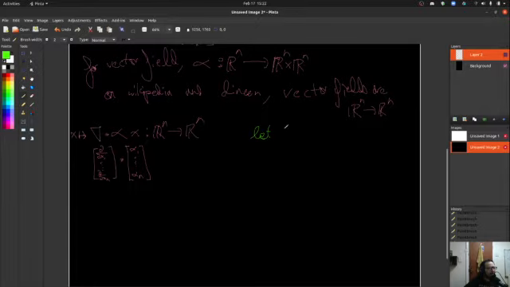Let alpha take x, y into xy, x plus y. This is a vector field. This is a perfectly nice vector field. Okay?